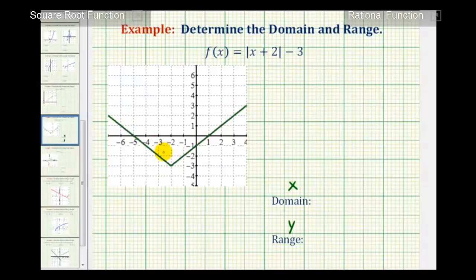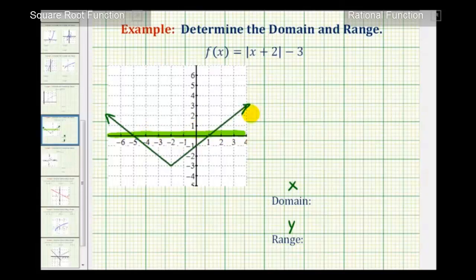Once we have the graph, we can analyze the behavior of the function horizontally and vertically to help determine the domain and the range. What I mean by that is, to determine the domain, if we were to project this function onto the x-axis, notice how it would include the entire x-axis. Another way to think of this is the graph continues to the right and continues to the left indefinitely without any holes or breaks.